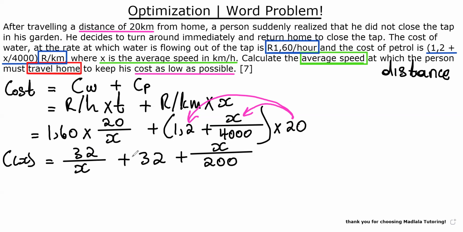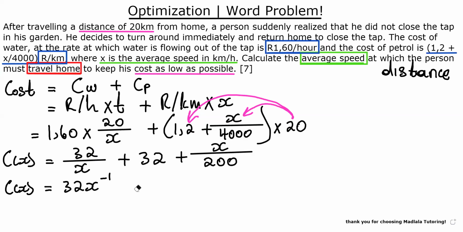So now that we have our cost function, what we need to do is to differentiate this, equate the derivative to 0, and then solve for x, right? Okay, fine. But of course, we know that according to the power rule, before we can differentiate, we need to make sure that, what is it we need to make sure of? Well, we need to make sure that our variable is not in the denominator.